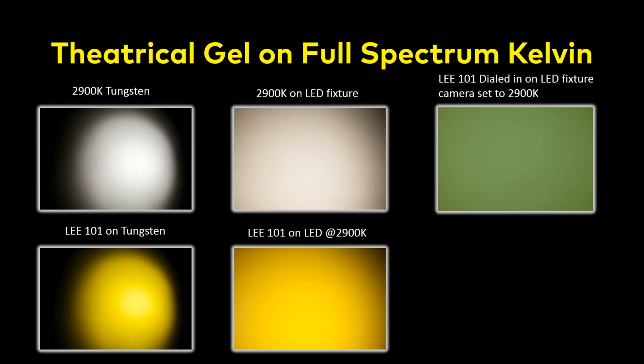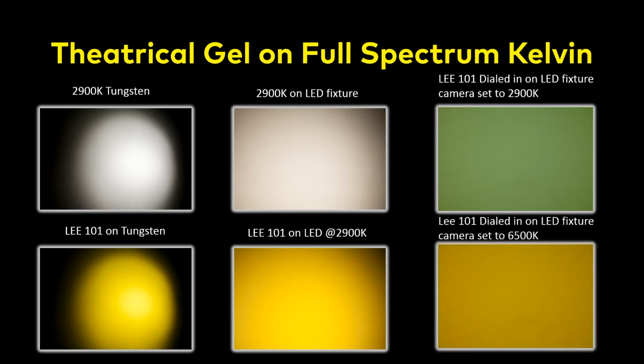So I thought, okay, if it can't do it at 2900, since the chip is a daylight bias anyway, what if I take it to its native daylight? At 6500, it came in desaturated just as I would expect.